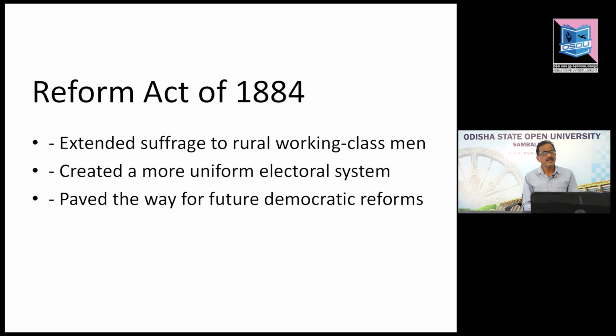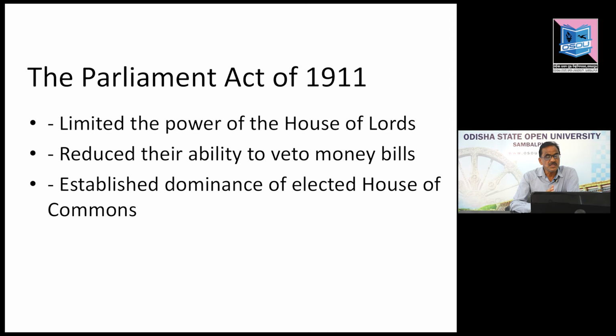Now, the Parliament Act of 1911 limited the power of the House of Lords. It almost reduced their power, and any bill except a few money bills was automatically passed when it was passed in the House of Commons. So it also reduced their ability to veto money bills. Some of the money bills which were previously vetoed by the House of Lords were reduced, and only a few bills were left that could be vetoed by the House of Lords.